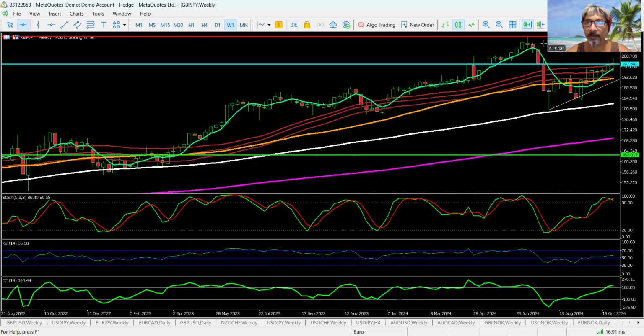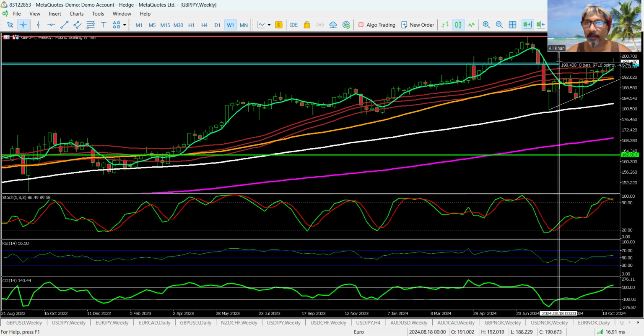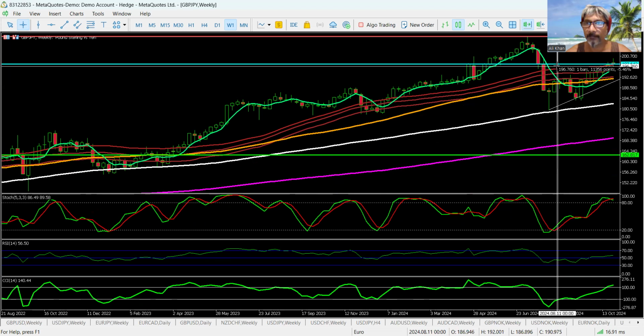All right, from that red line to that blue line, you're risking about 1,100 pips.